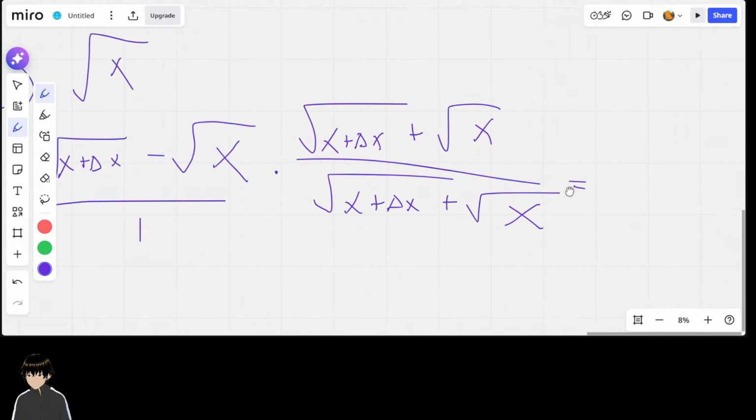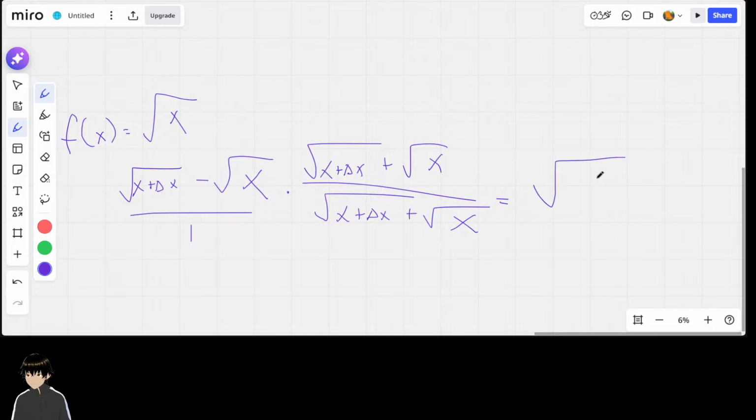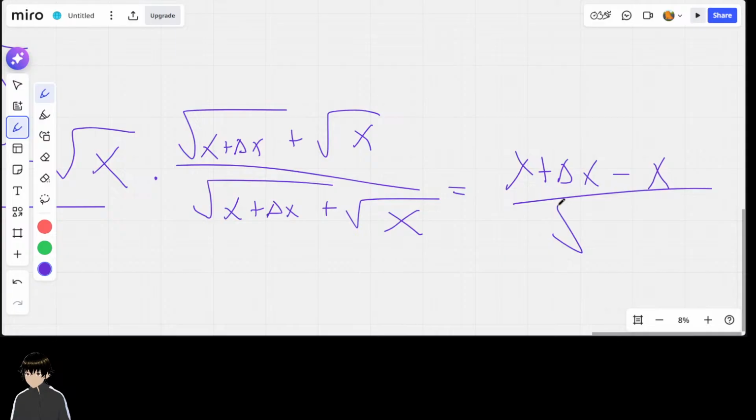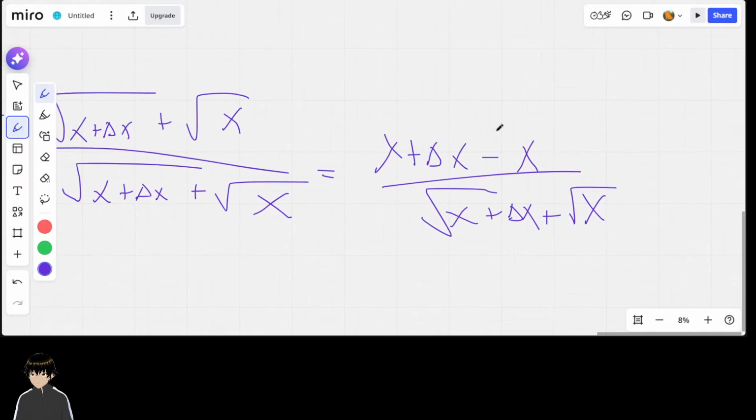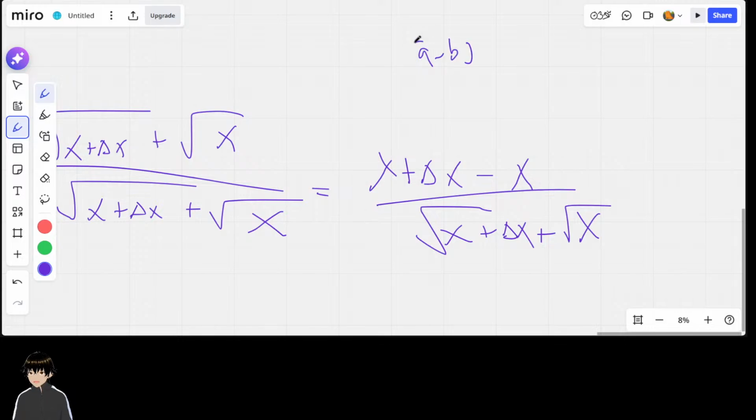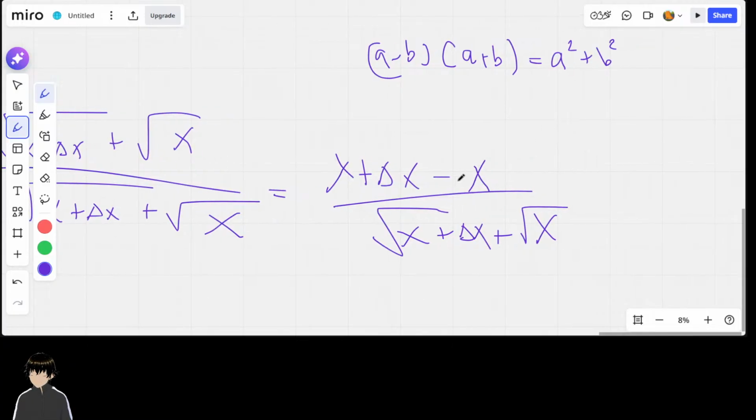Okay, so you times that and you get x plus, and then the whole identity thing, which is a minus b times a plus b is equal to a squared minus b squared, something like that. So this will cancel.